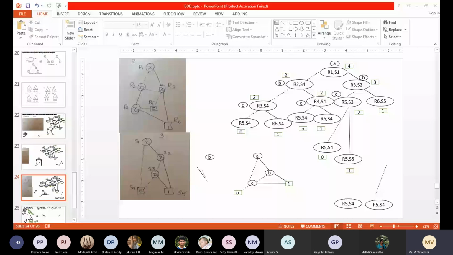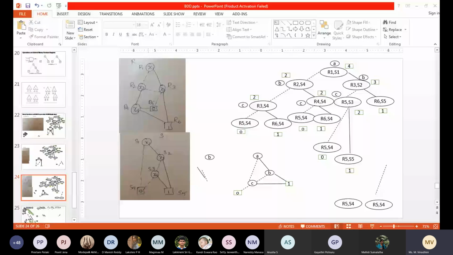This is the answer for F plus G. You can even practice the reduce algorithm or whatever. Maybe you can take any Boolean expression. You have n number of Boolean expressions. You can take the Boolean expression and follow this procedure, and you people can practice it. If you practice only, you will be able to solve these problems faster and without any mistakes.